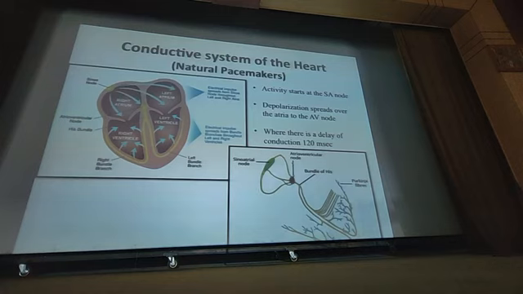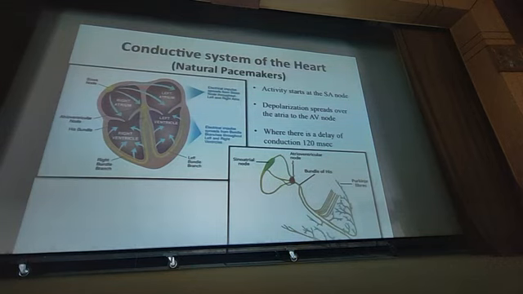Pulsation in the sinoatrial node is faster than in all the other parts of the conductive system of the heart. That's why the sinoatrial node, pulsating, does not let the others start their pulsation. When does the AV node become the pacemaker of the heart? When there is dysfunction of the sinoatrial node, the AV node becomes activated.